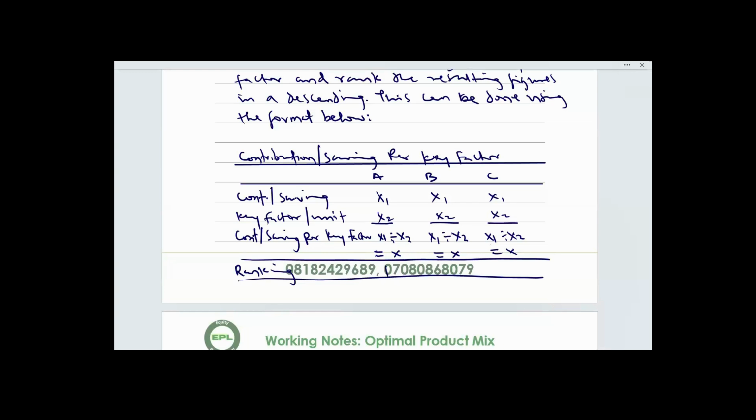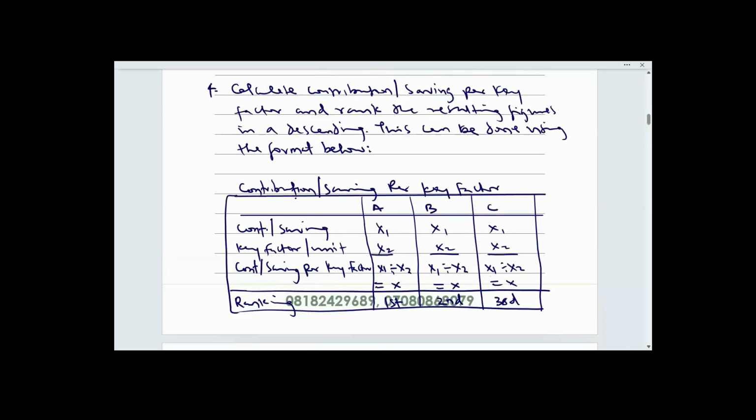This will be first, second, then third. Because it is based on this ranking that you are going to carry out your allocation. Whatever you have as the highest ranking will be the first product to be allocated to. So in this case, A will be the first product to attend to before you consider product B.